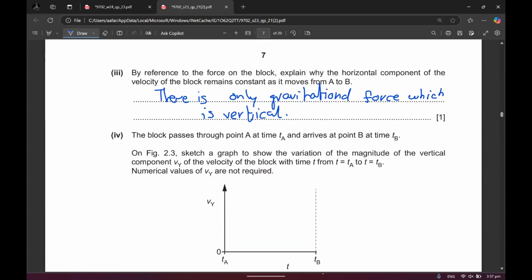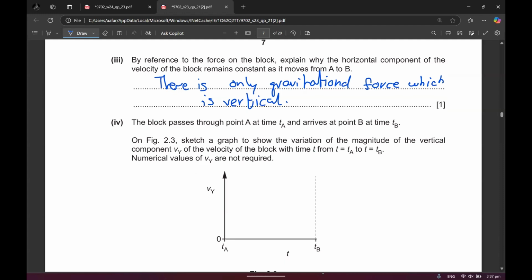The block passes through point A at time ta and arrives at point B at time tb. On figure 2.0, sketch a graph to show the variation of the magnitude of the vertical component of the velocity of the block with time t. So we know at A there is some speed, so we'll start somewhere above zero.